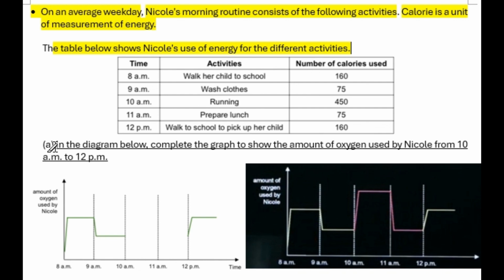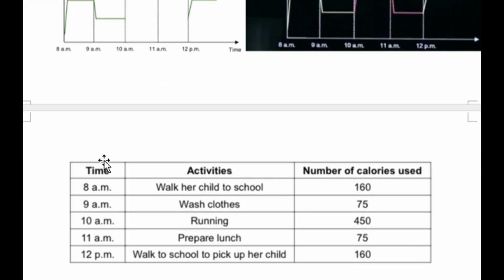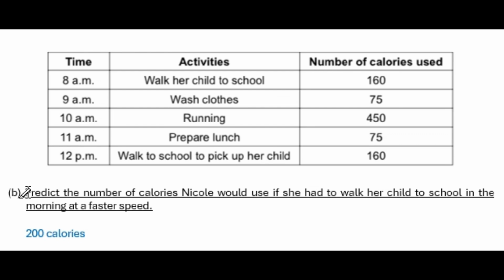In the diagram below, complete the graph to show the amount of oxygen used by Nicole from 10 a.m. to 12 p.m. B. Predict the number of calories Nicole would use if she had to walk her child to school in the morning at a faster speed. 200 calories.